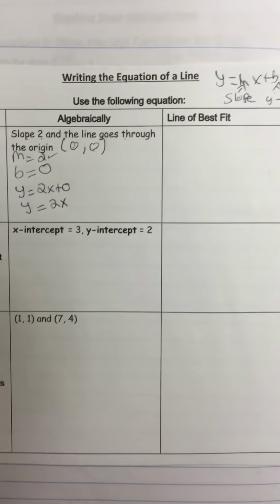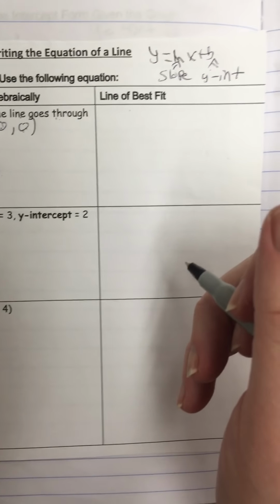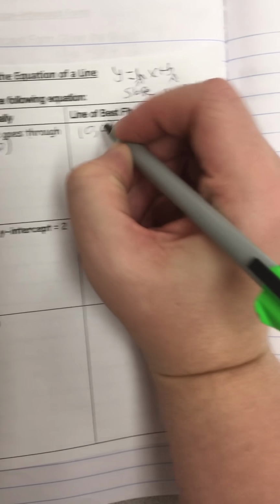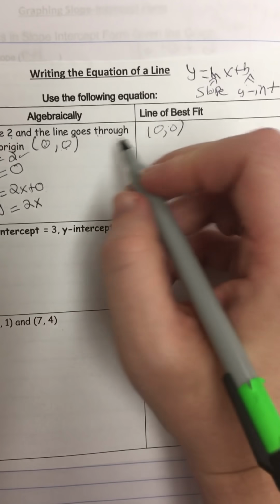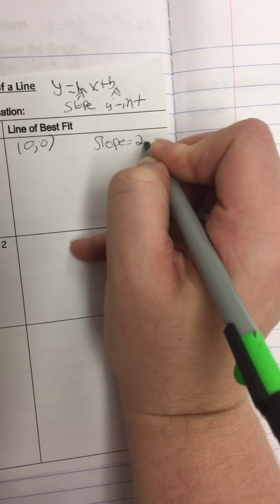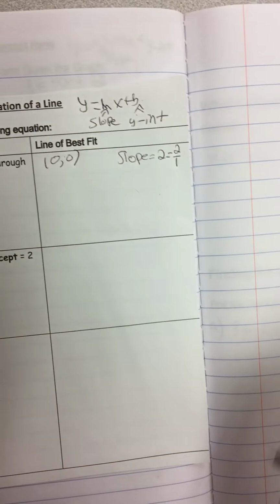All right, so now if I'm looking to do it in the calculator, I always need to have 2 points in order to do it in the calculator. I have 1 point, that's 0, 0. And then we can use our slope to make a new point. So our slope is 2, which we can rewrite as a fraction, 2 over 1.